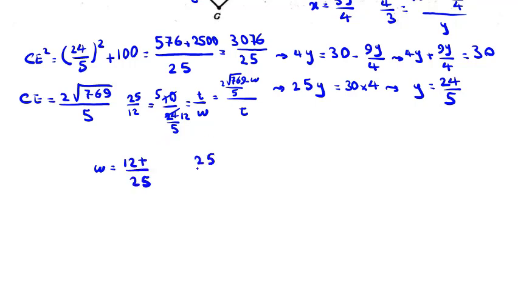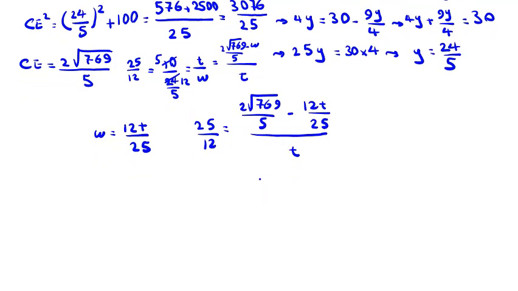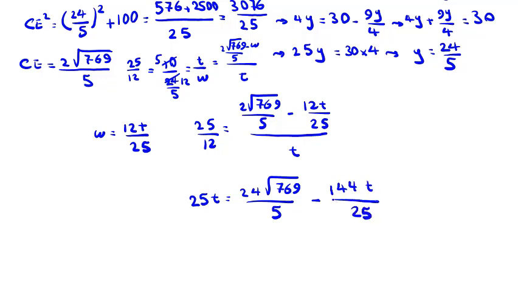And we can replace it here. 2 times root 769 over 5 minus 12T over 25, all over T. Now, here, if we multiply, it will be 25T equals 24 root 769 over 5 minus 12 times 12T. It will be 144T over 25.